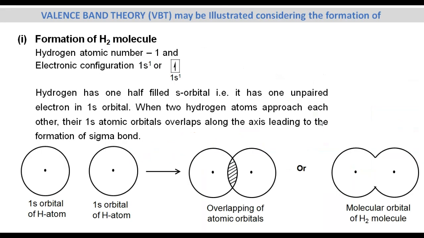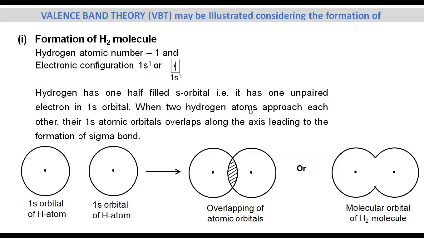Now let us move on to how the valence bond theory is illustrated by considering the formation of some molecules. For example, the hydrogen molecule: atomic number is 1, the electronic configuration is 1s1, and this contains one unpaired electron in the 1s orbital.